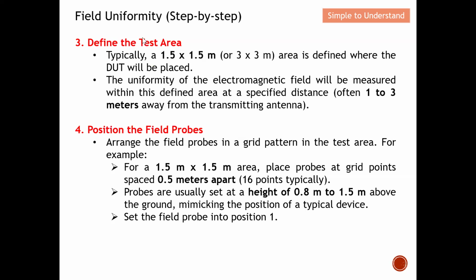Step number 3, we need to define the test area. Typically, we define the area as, for example, 1.5 multiplied by 1.5 meter. Or in some extreme cases, when the DUT is so huge, you may need to define your test area as 3 by 3. But most of the time, 1.5 by 1.5 meter should be enough.